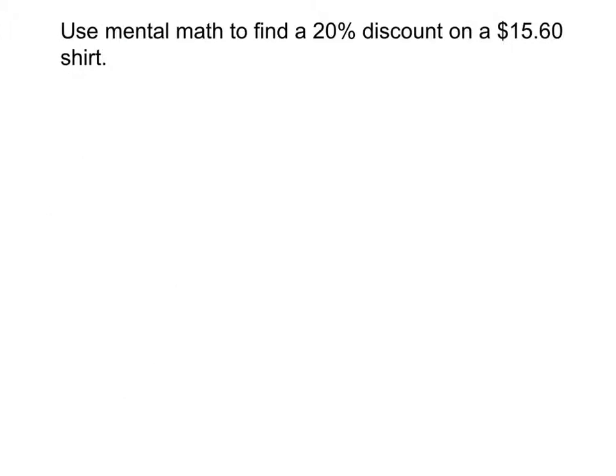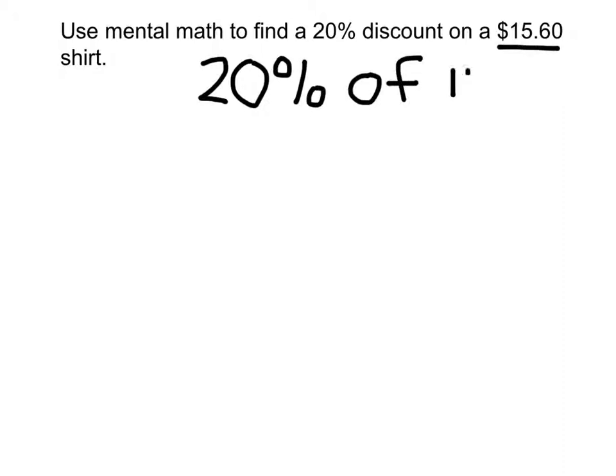In this example, it says to use mental math to find a 20% discount on a $15.60 shirt. So just like the previous problem on the tip, we have to find the percent of the total cost, which is $15.60.